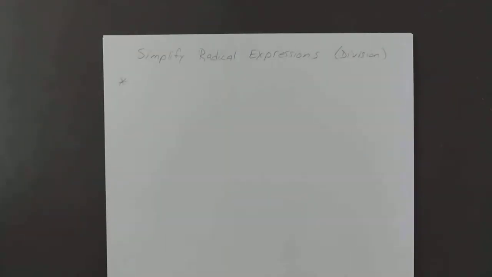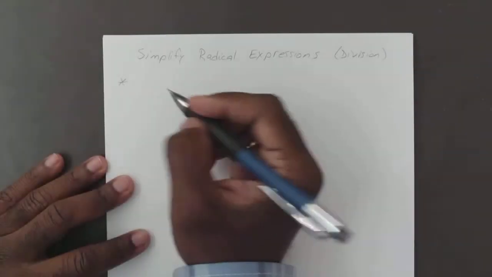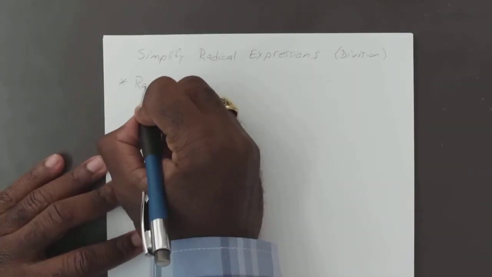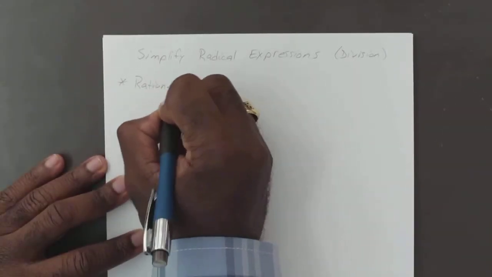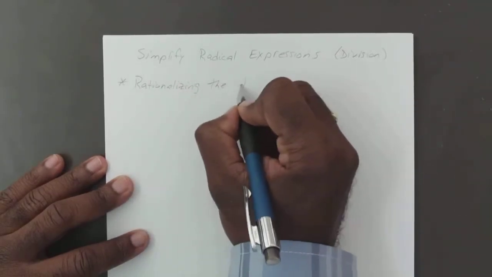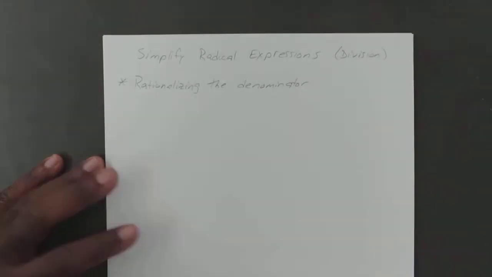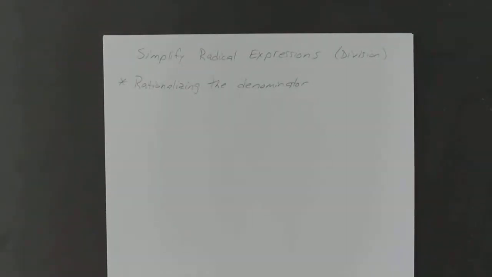In that case, you just have to rationalize the denominator. Rationalizing the denominator is just another way of saying you're going to get rid of any root symbols or radical symbols in the denominator.